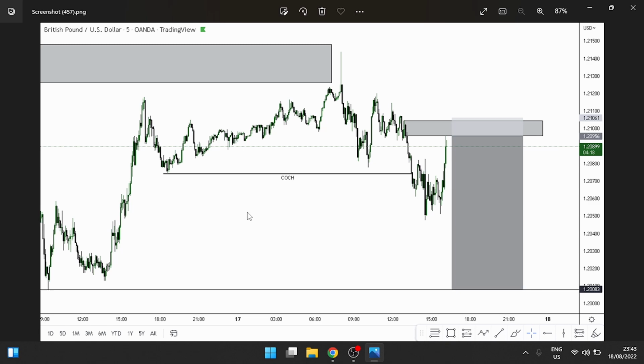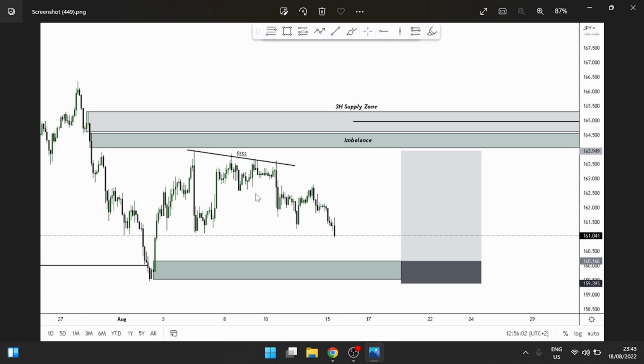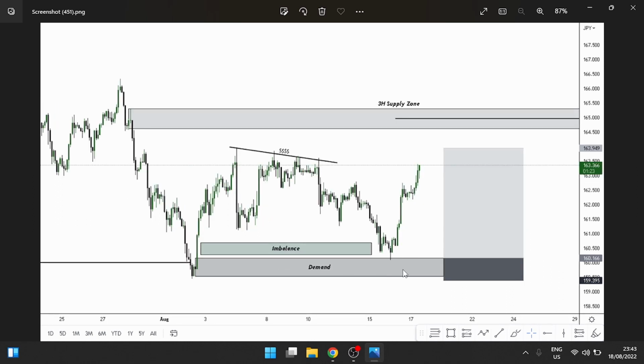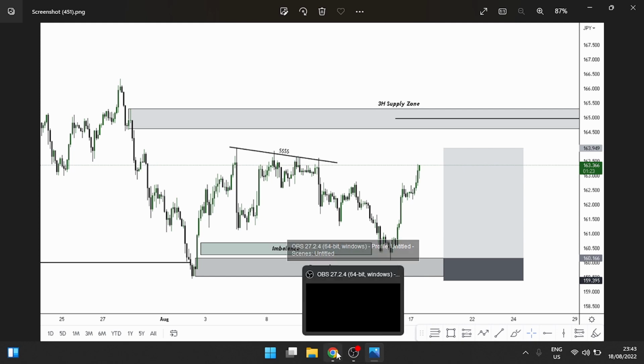No guys, these trades I do take them. And as you can see on this trade on GJ, there was a whole lot of imbalance right over here. As you can see, right over here I did mark out the imbalance, the level of demand. Price just tapped in slowly, tapped in a bit, and price started to move.